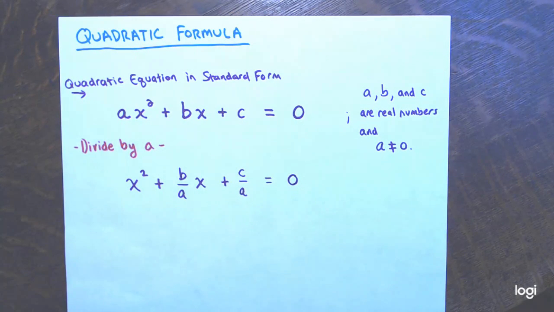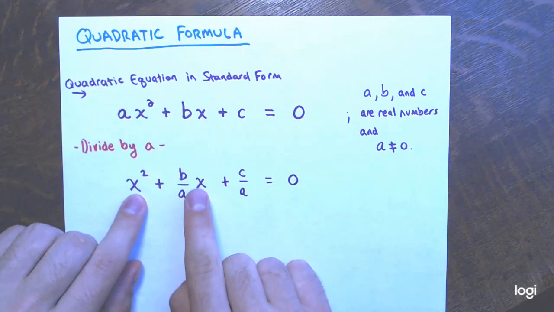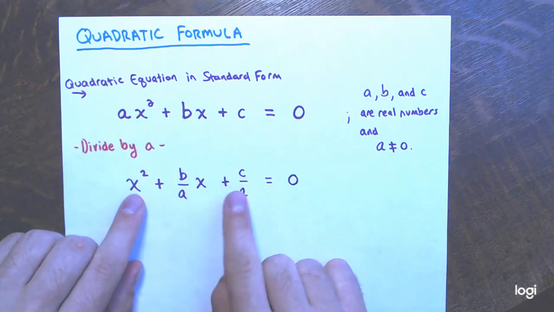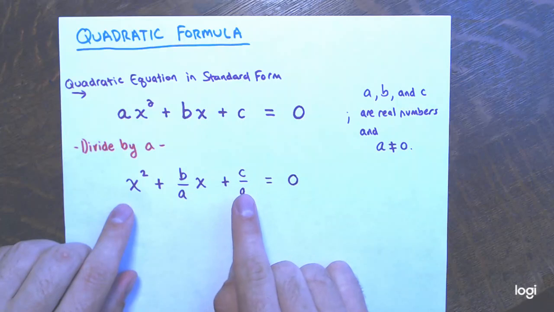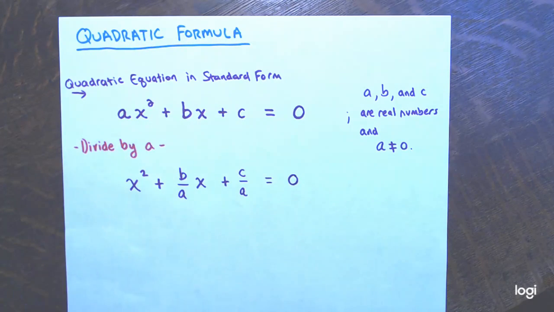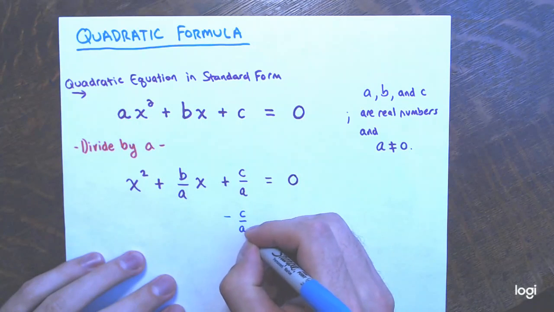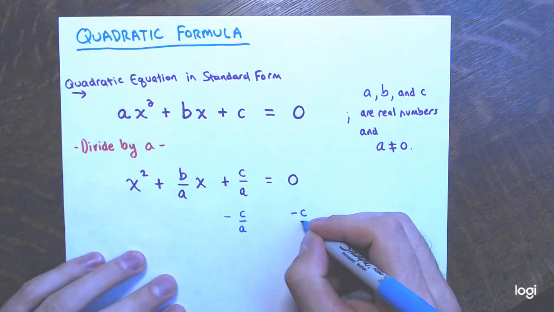Then when you're completing the square, remember the only two terms that you started with were the variable terms, the x squared term and the x to the first term. So I don't need this plus c over a fraction here. I'm going to subtract that from both sides. So subtract c over a from both sides.